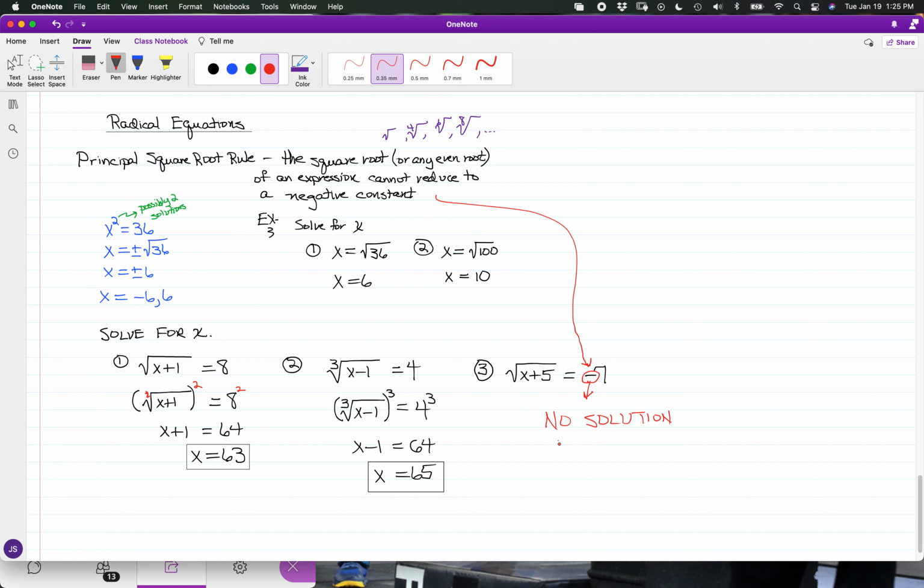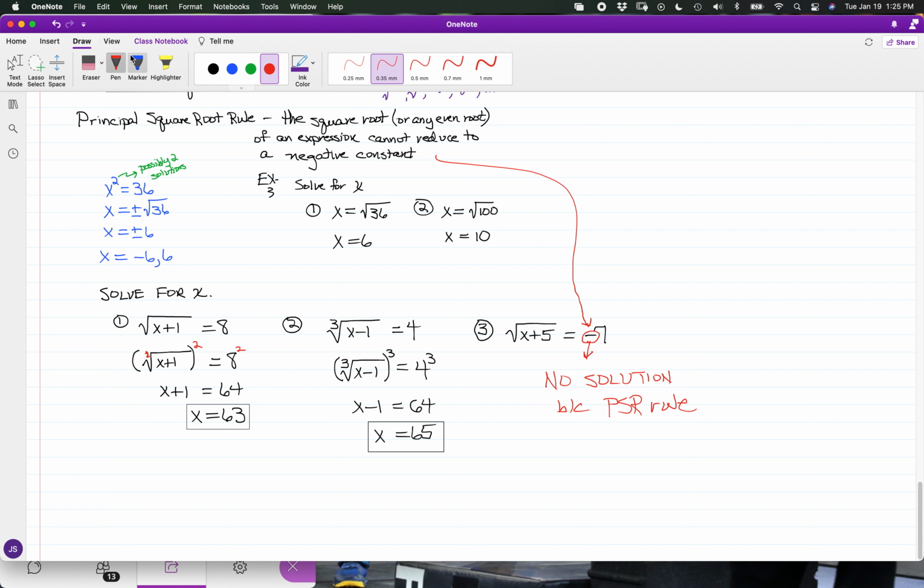And that's going to be because of the principal square root rule. Okay, and I'll just abbreviate that with PSR rule. All right. And so just to kick things off, see if we have any solutions.